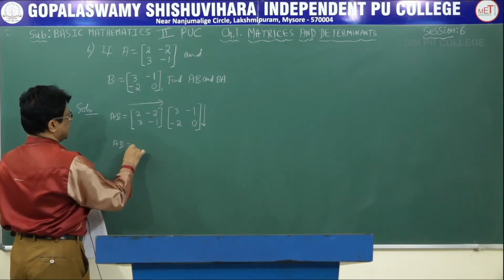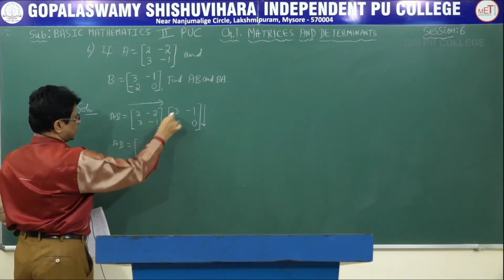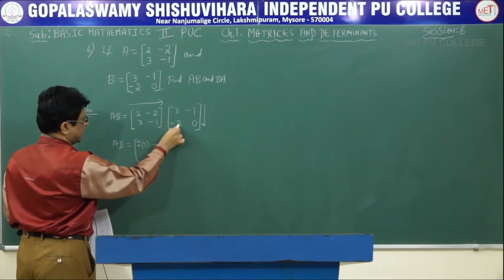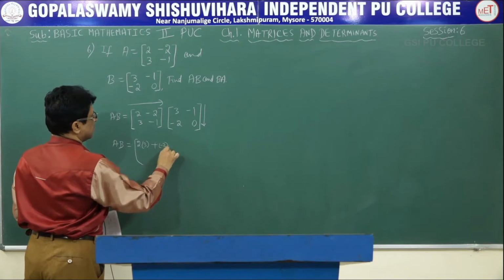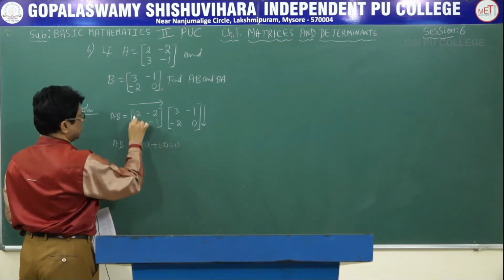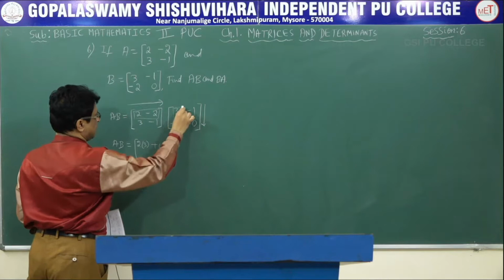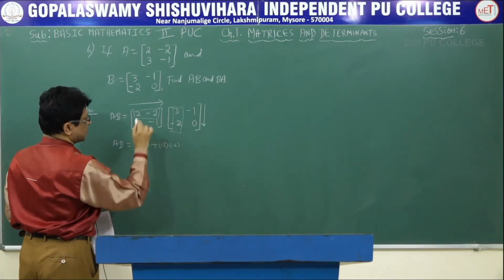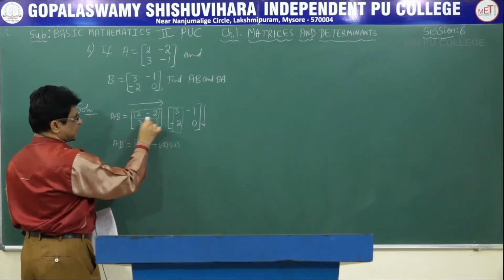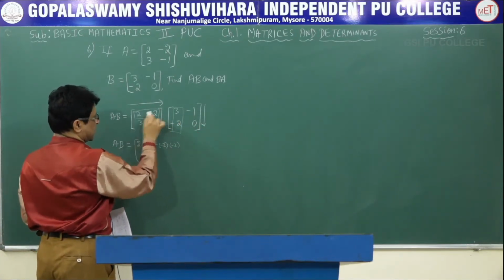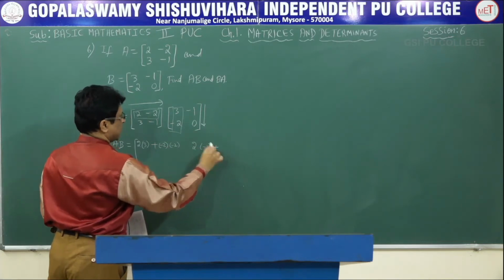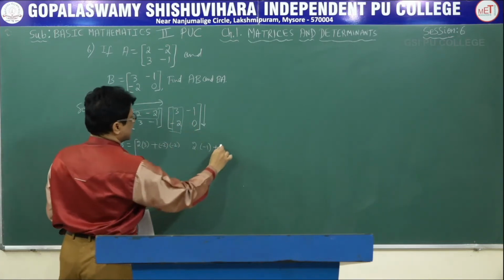So AB is equal to, 2 into 3 plus minus 2 into minus 2. So first row into first column, that is 2 into 3 plus minus 2 into 2. Next is first row into second column, that is 2 into minus 1 plus minus 2 into 0.